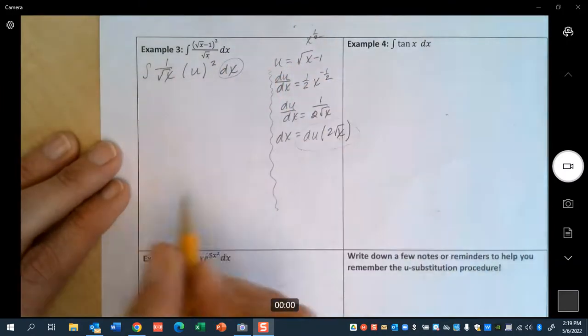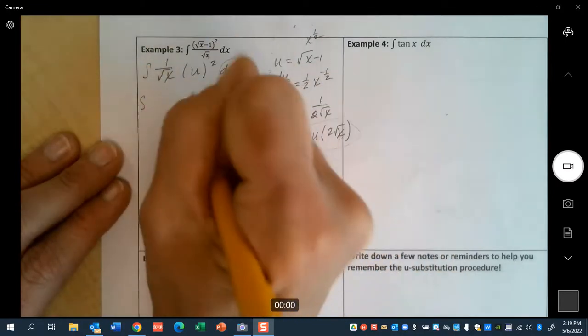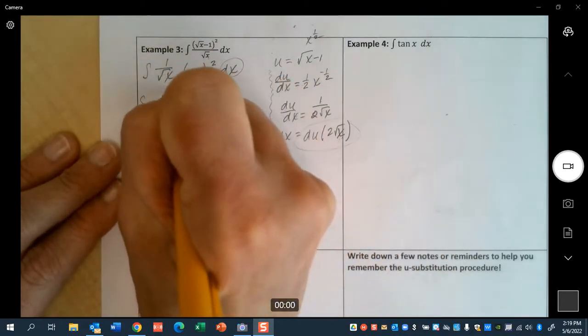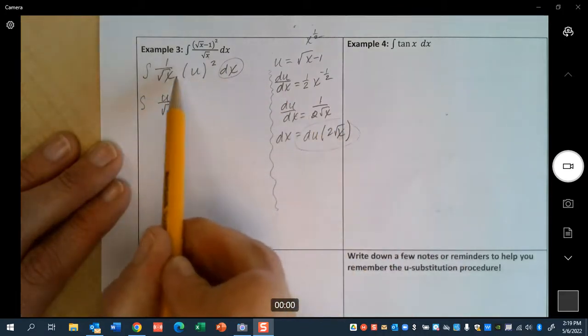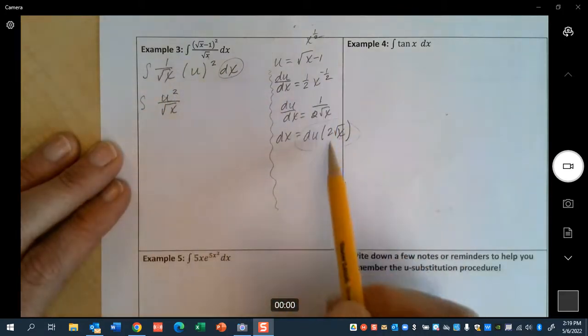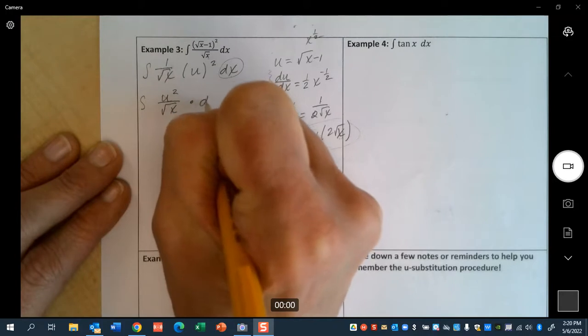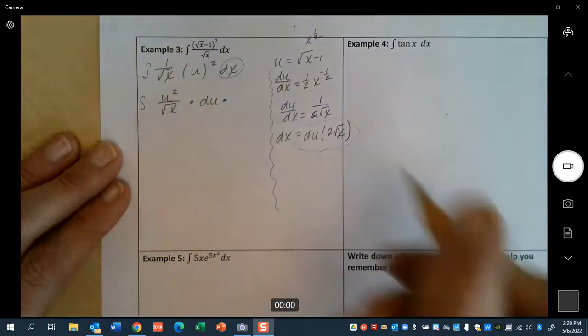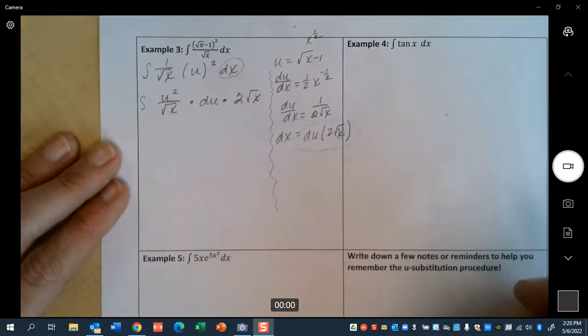So instead of dx, I'm going to say it's the integral of, and I can go ahead and put my u squared back over the square root of x. Pulling these out wasn't what was going to happen because now I see what is going to happen. And this is times du times 2 times the square root of x.